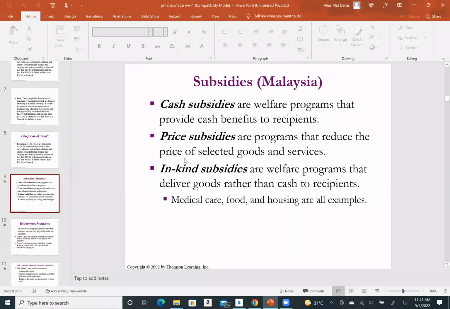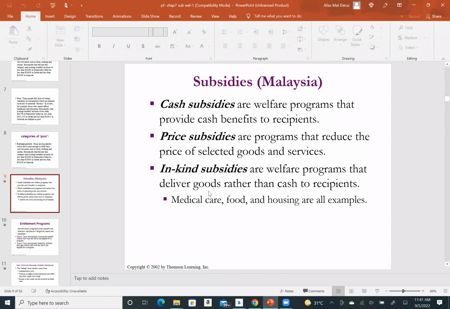All right. And the third type is what you call in-kind subsidy. Now, what is in-kind subsidy? They are not in terms of cash, and they are not in terms of price. They are direct subsidy in terms of goods, rather than cash. For example, fertilizer. You are not given the money, you are given fertilizers.